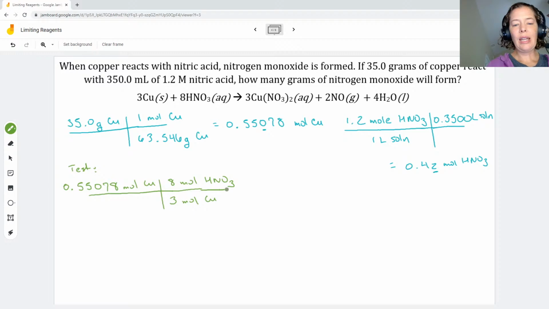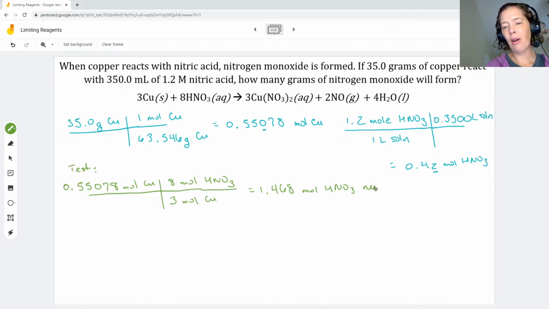And then you're going to end up with either a situation where you think both are limiting or both are in excess and you get really weird stuff. So just make sure you write your units down, and that'll prevent all of those problems. Okay, so doing this calculation, I get 1.468 moles of nitric acid.